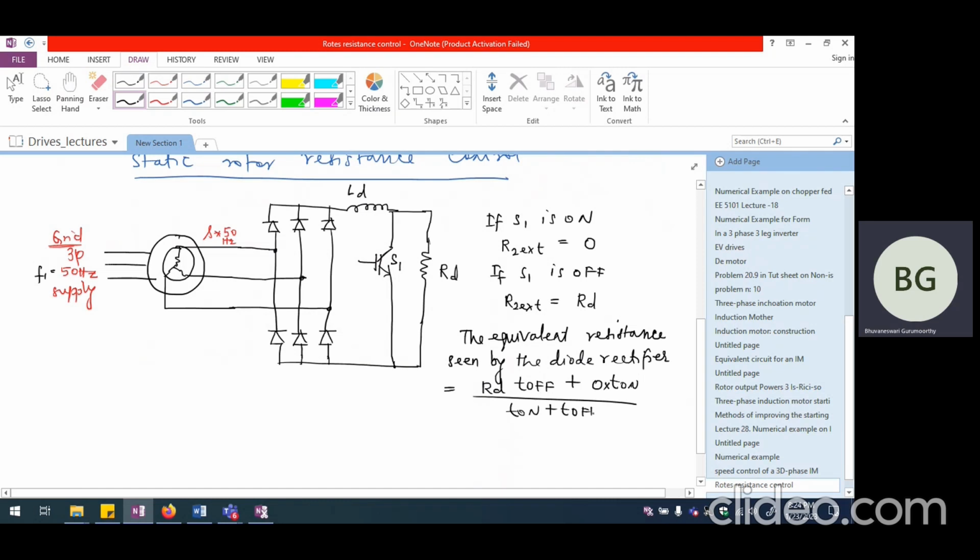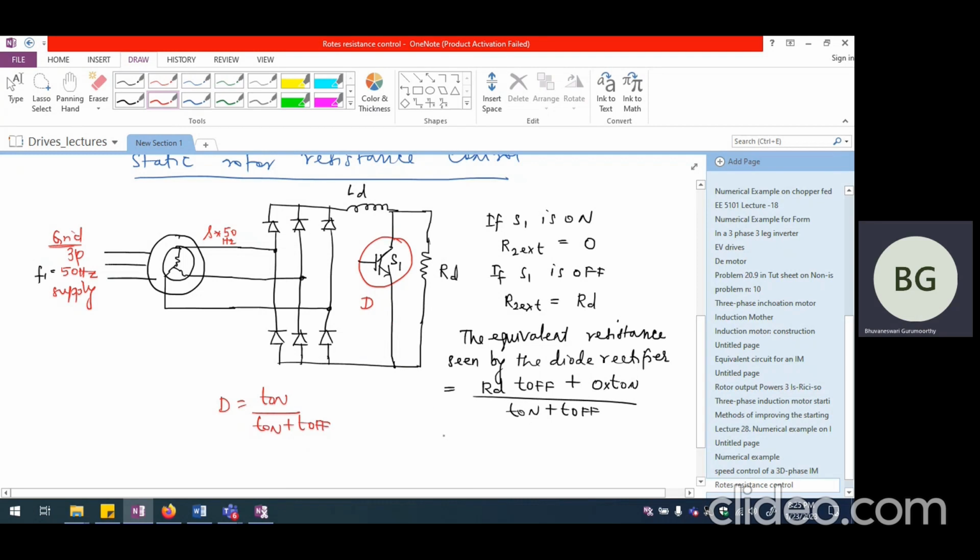I assume the switch is turned on and off at a very high frequency with a duty ratio D, where D is T on divided by T on plus T off. T on plus T off is 1 in this case, and D is a fraction of that.